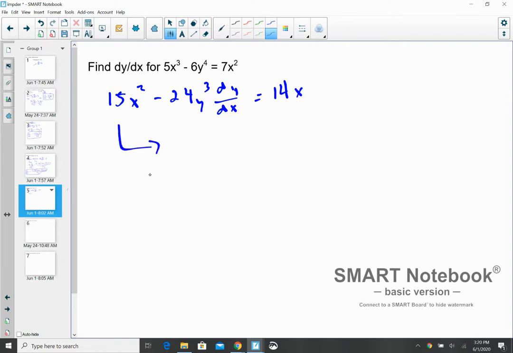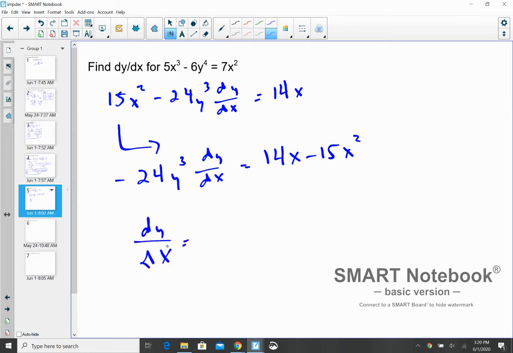Bring that guy onto the other side. Okay. Divide by the negative 24y cubed. And just to simplify things, I'm going to drag that negative sign in front of the whole thing.